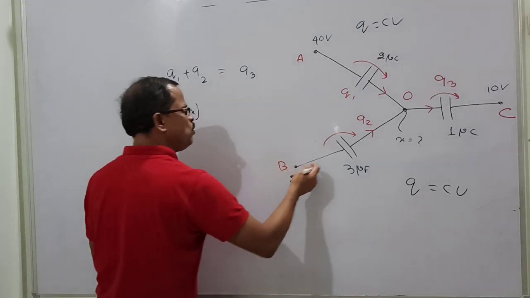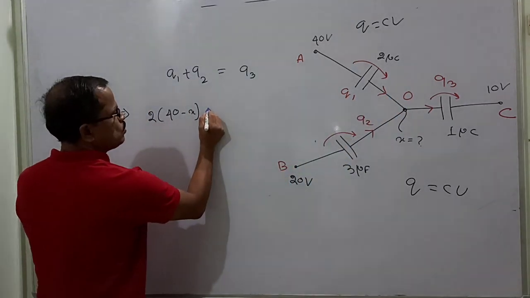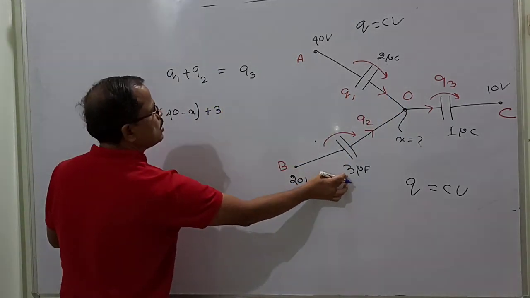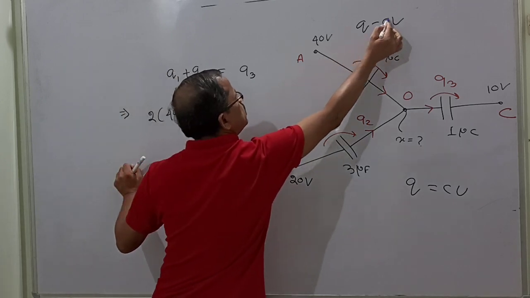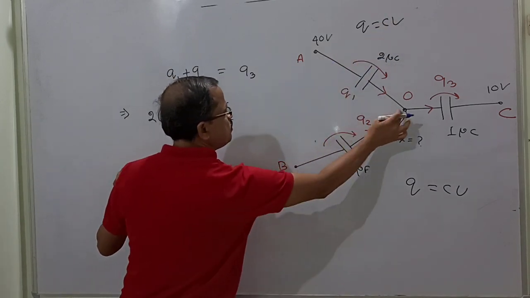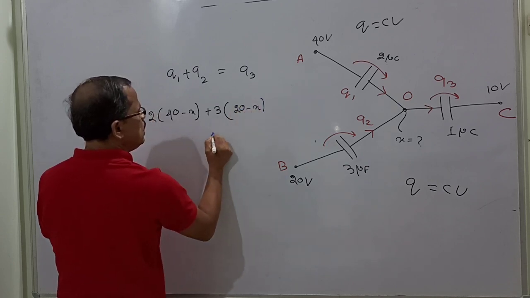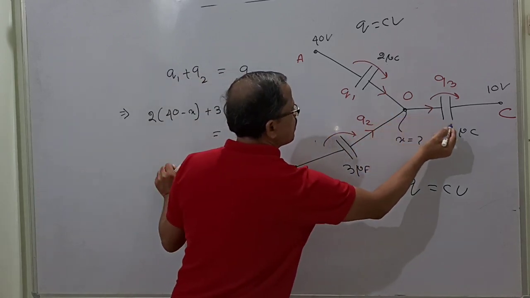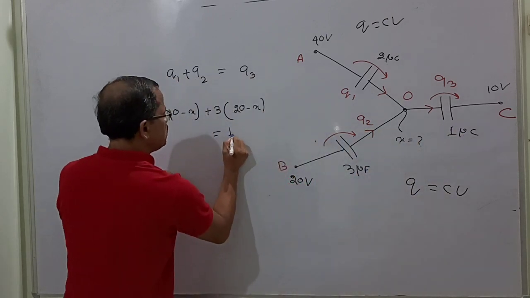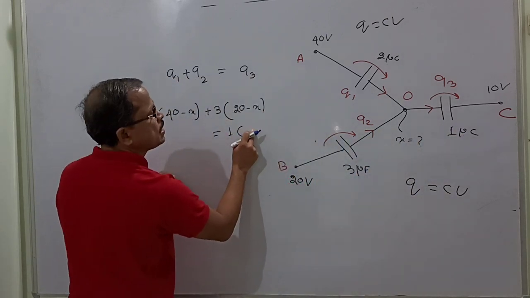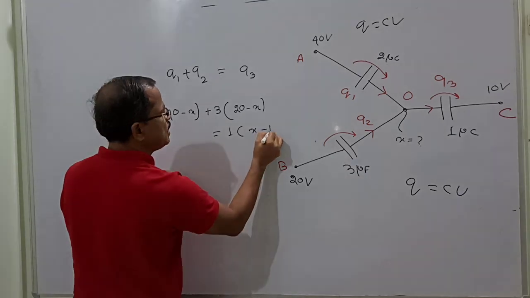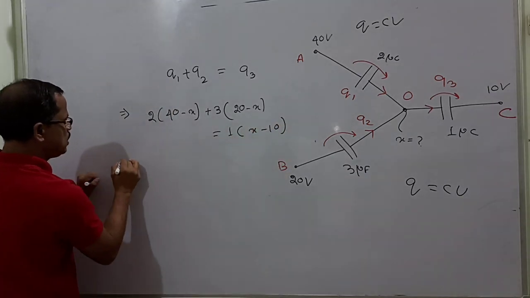Then the charge along this line, Q2: C is equal to 3, V is equal to 20 minus X, so 3 into (20 minus X). And Q3 is capacitance 1 into potential difference, X minus 10. Now let us solve this problem.